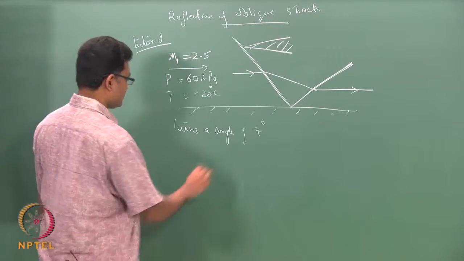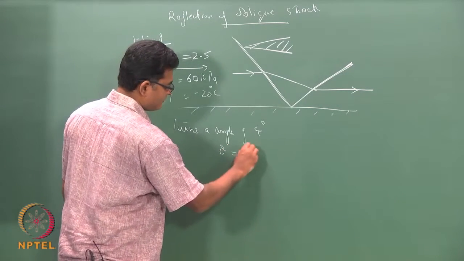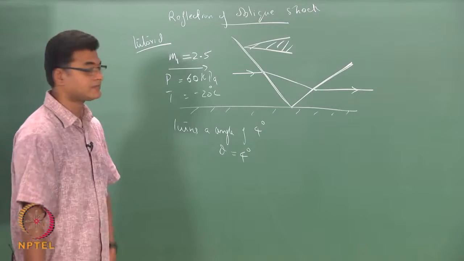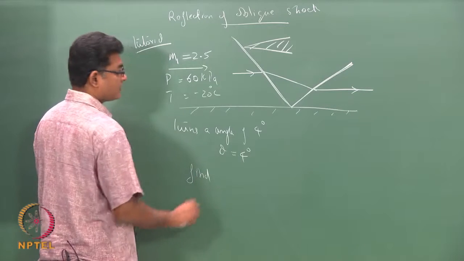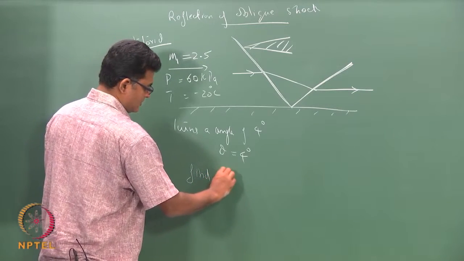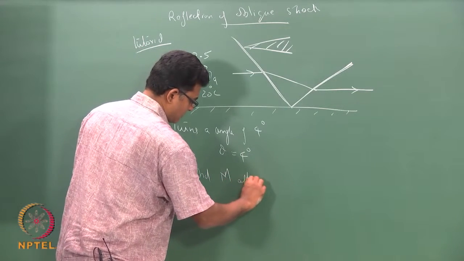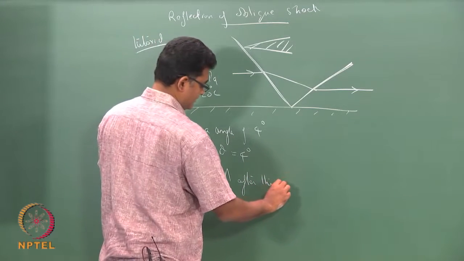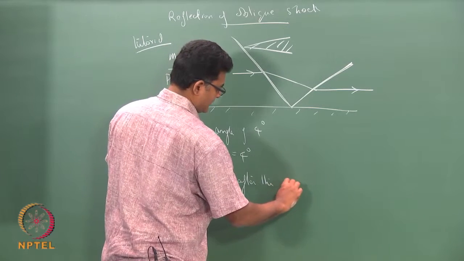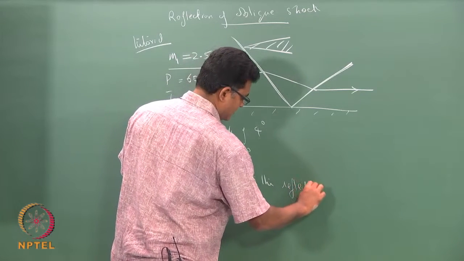Okay, so your theta is 4 degrees is what it means. Find the Mach number after the reflected shock.